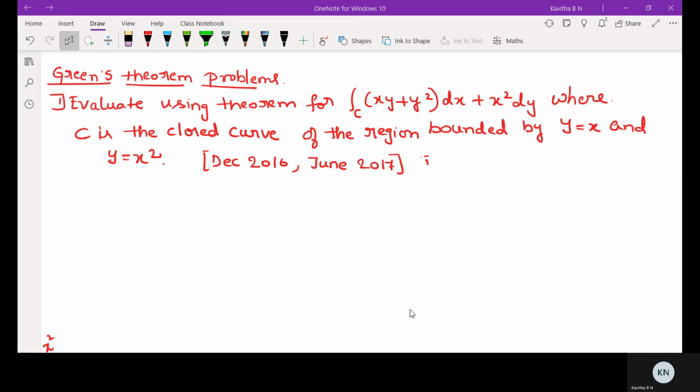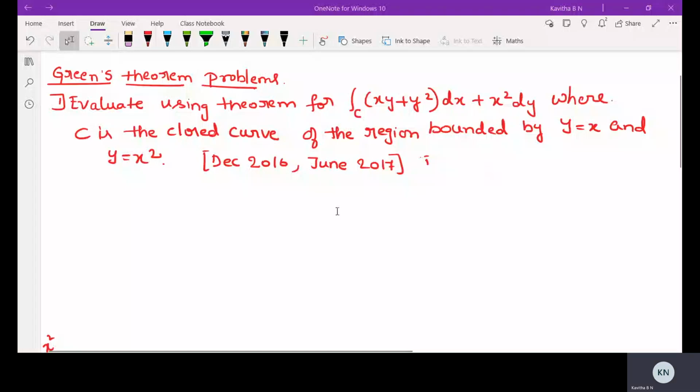Okay, first we have to write the question: evaluate using Green's theorem the integral of C, xy plus y square dx plus x square dy, where capital C is the closed curve of the region bounded by y is equal to x and y is equal to x square.